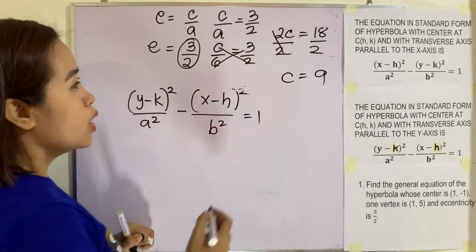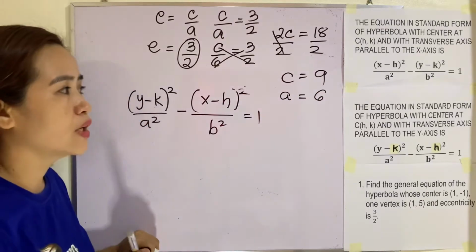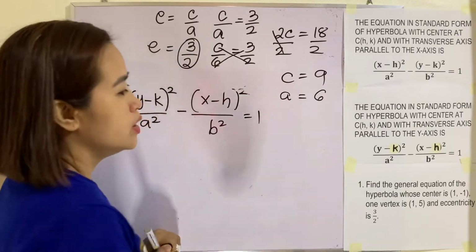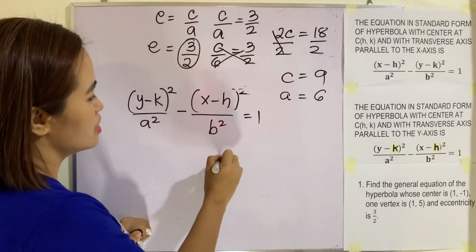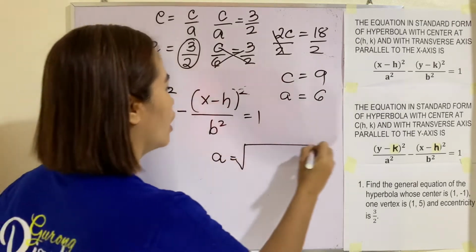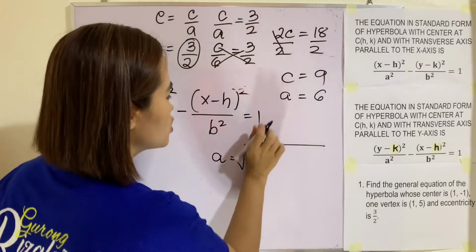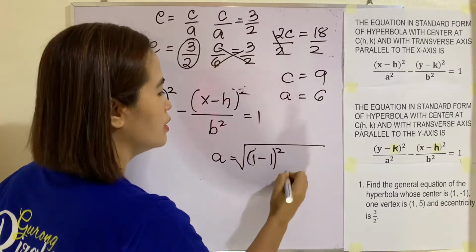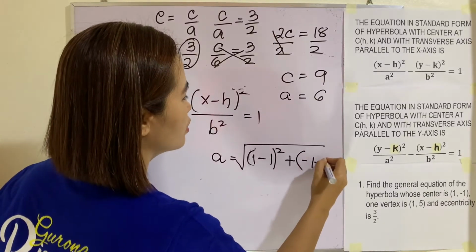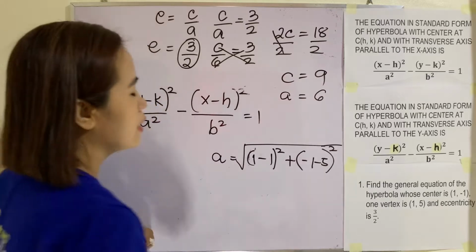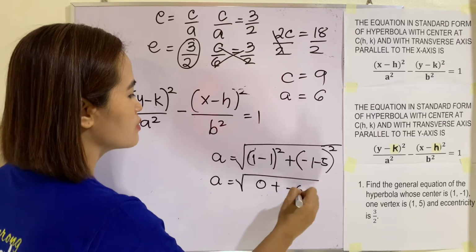Now, what is then our b? Our a is of course 6 based on the figure. Or if you will not draw it, you can use the distance formula. a is equal to the square root of (1 minus 1) squared plus (-1 minus 5) squared, then a is equal to the square root of 0 plus (-6) squared.